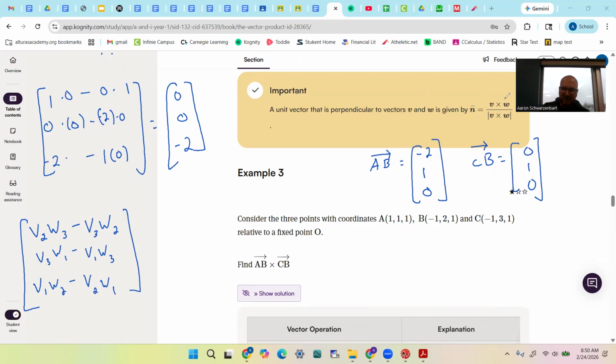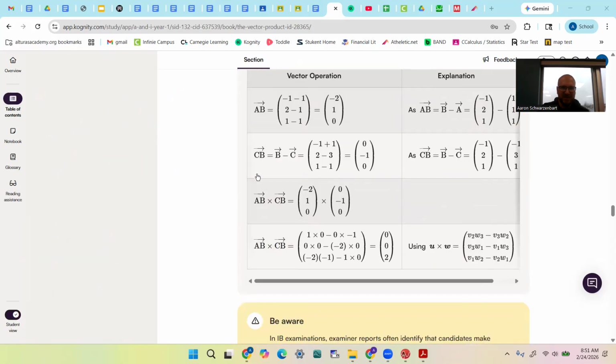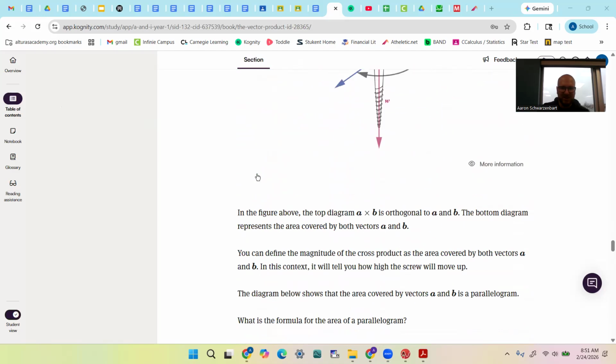Wait, this is -1. So it becomes +2. Okay. It's very important to do each step correctly and pay close attention, because there's a lot of room to make mistakes on these.